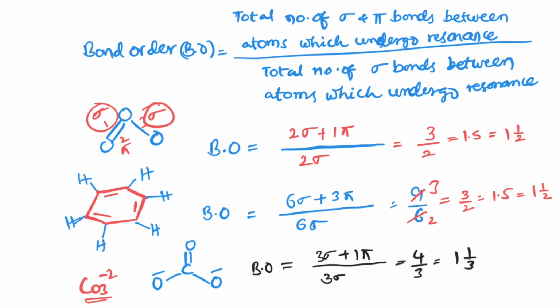In the benzene structure it is clearly shown that there is no delocalization at the hydrogens, therefore those bonds are not considered. Only the carbon atoms' bonds, shown in red, are considered. So like this we can calculate the bond order for any given molecule.